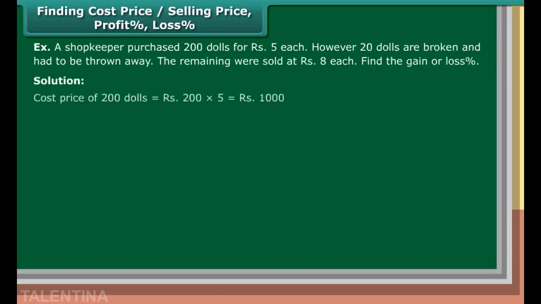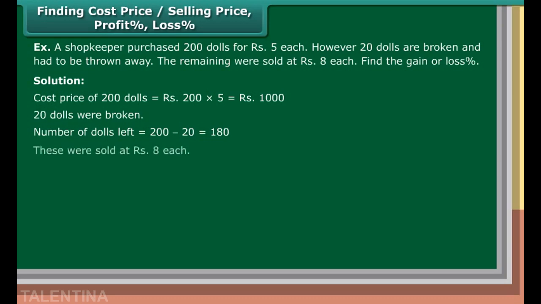Solution. Cost price of 200 dolls is equal to rupees 200 into 5, which is equal to rupees 1000. 20 dolls were broken. Number of dolls left is equal to 200 minus 20, which is 180. These were sold at rupees 8 each.